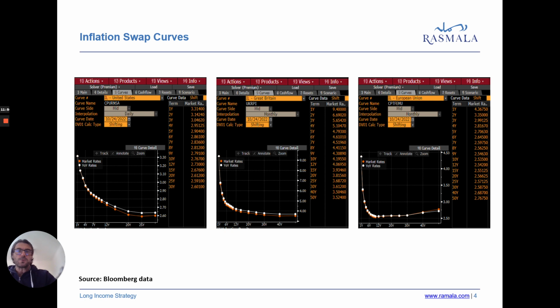Now, the swap curve is not a very reliable indicator of what inflation will actually be, but that is what the market is expecting. The market can be wrong, but that is what it is expecting.